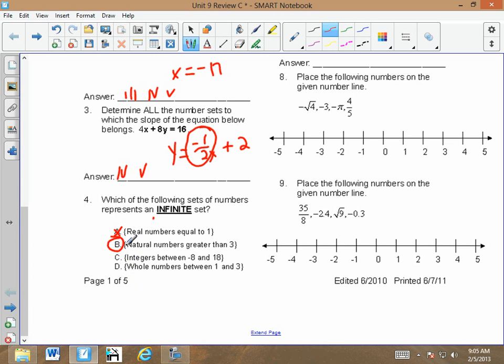That's it. There's an infinite number of numbers bigger than 3. I'm going to read all of them just to make sure. Integers between negative 8 and 18. Integers, as you remember, are not fractions or decimals, so that's not it. That's finite. Whole numbers between 1 and 3, that's finite.